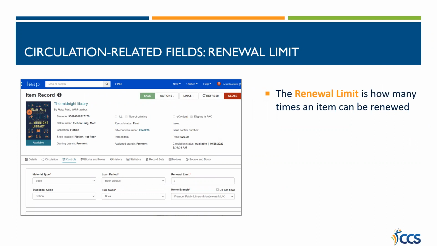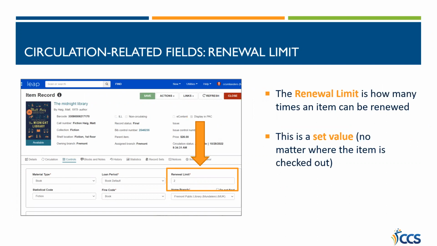The renewal limit is also found in the controls tab, and it is set by the item library. So the item's library sets how many times this item can be renewed, and that value follows the item no matter where it's going.